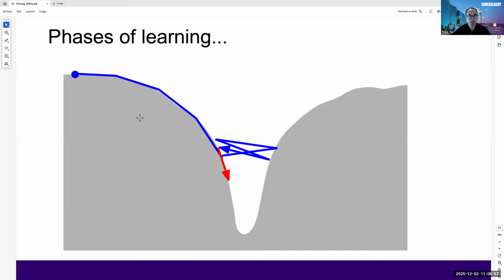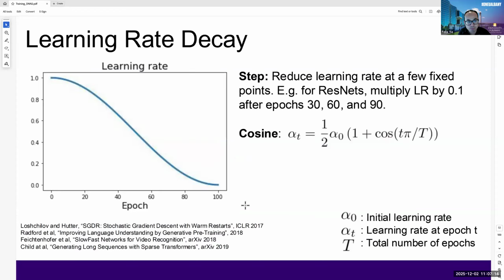If it's been bouncing around like this, we should reduce our learning rate so that it can go down to the local minimum. That is very commonly used: just reduce your learning rate at certain fixed points.